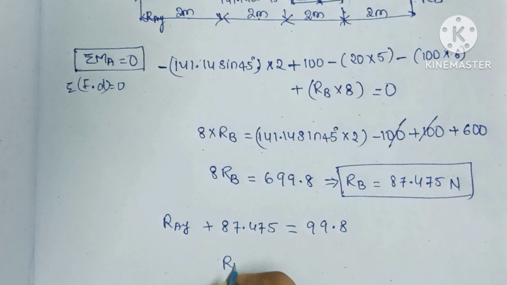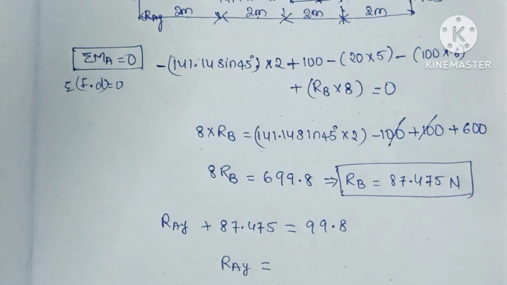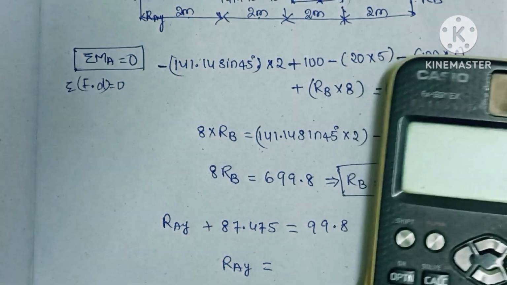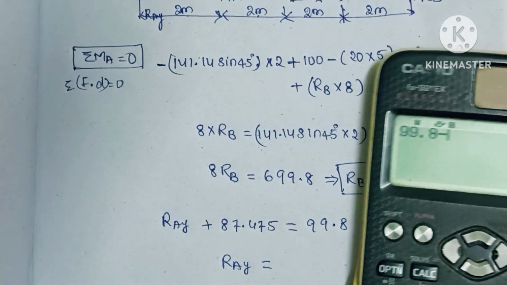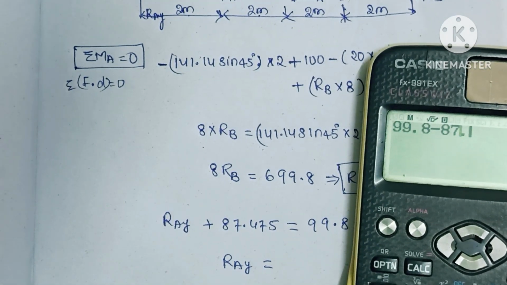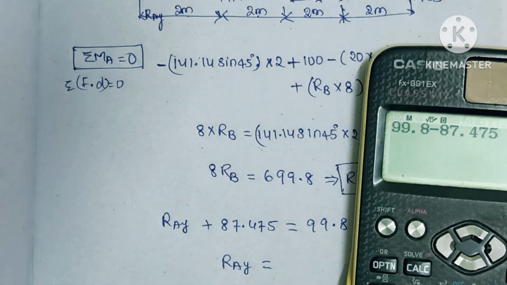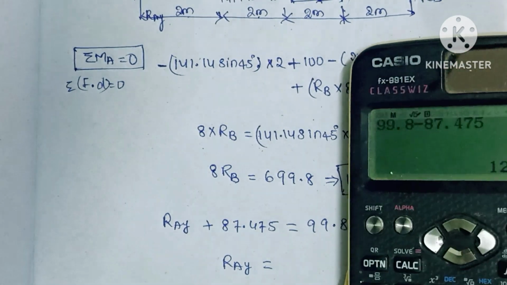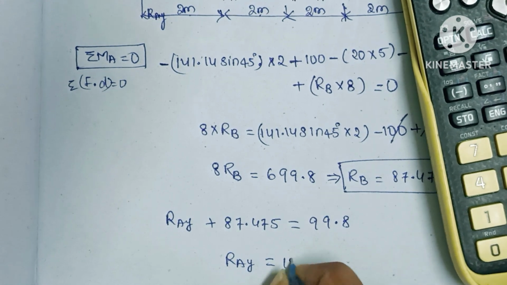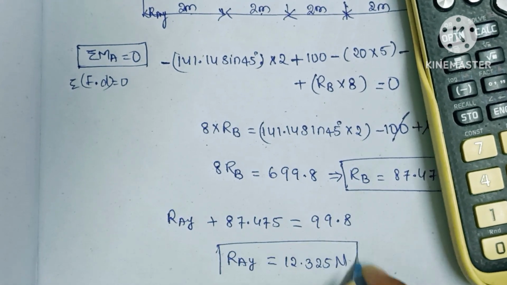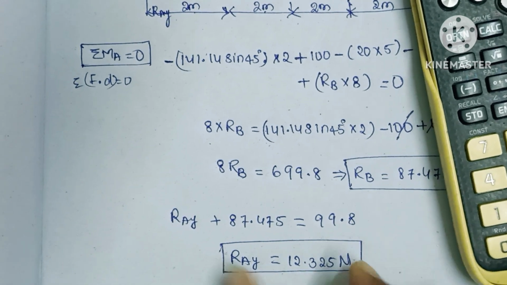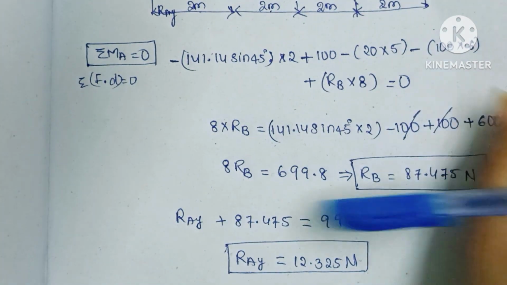So from here we got RAY, which is equal to 99.8 minus 87.475, which is equal to 12.325 newtons. So we got every value, RAX, RAY and RB.